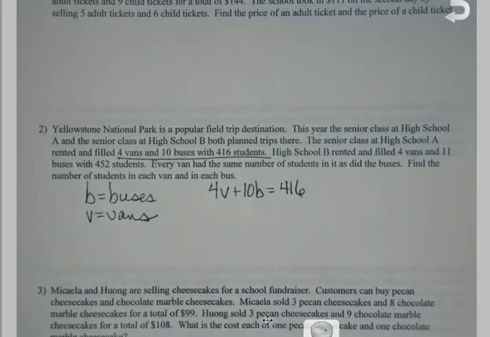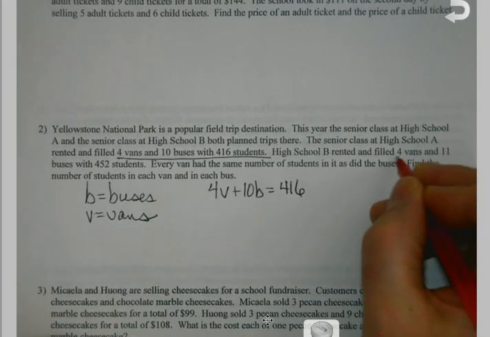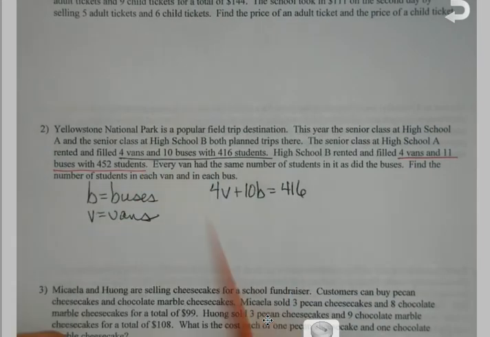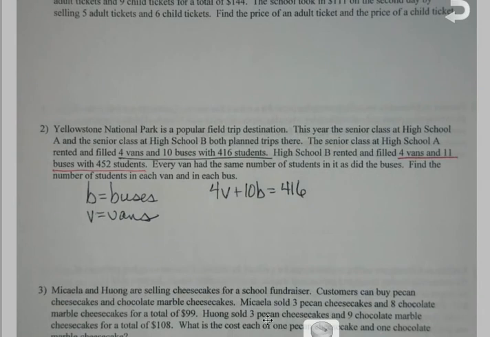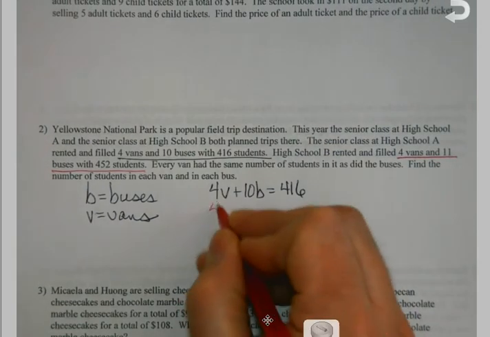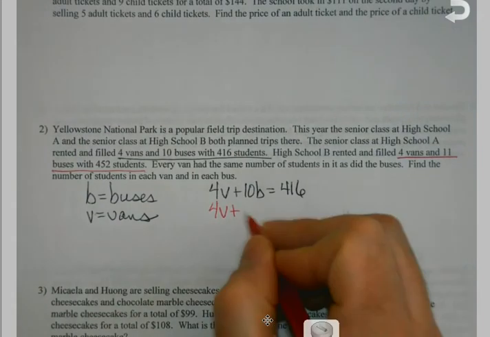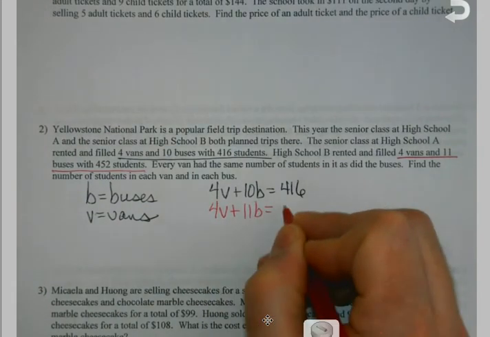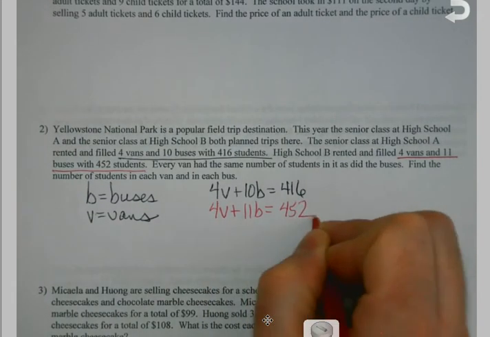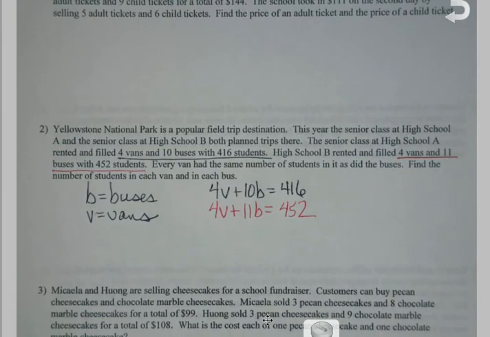Perfect. So then we're like, okay, where's the next school at? Okay, here's my next info. What's that one going to look like for my second equation? 4B 4V. plus 11B Yes. equals 450. Perfect. That's all you're doing for the first 10.